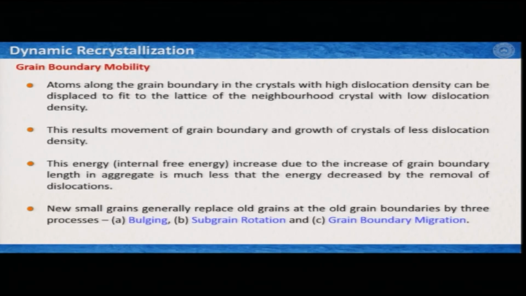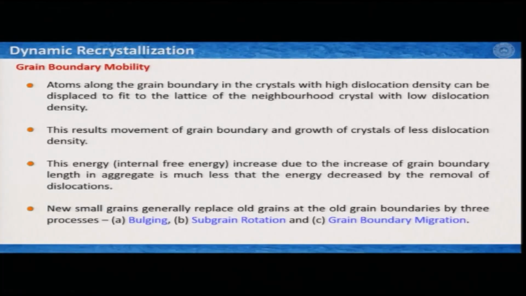We have learned that grain boundaries do move from one place to another to accommodate the deformation in dynamic recrystallization. So, what drives or what happens during this grain boundary mobility? Here are some points. Atoms along the grain boundary in crystals with high dislocation density can be displaced to fit the lattice of the neighboring crystal with low dislocation density.